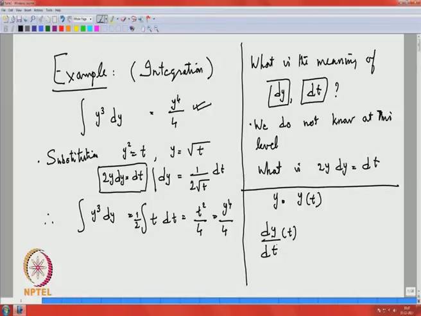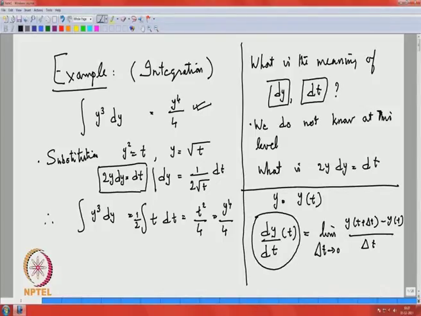This is a symbolic representation, a notation to understand the meaning of this limit, limit delta t tends to 0, y of t plus delta t minus y of t by delta t. So, you have the meaning as a whole of these things, but you do not have the individual meaning to it.